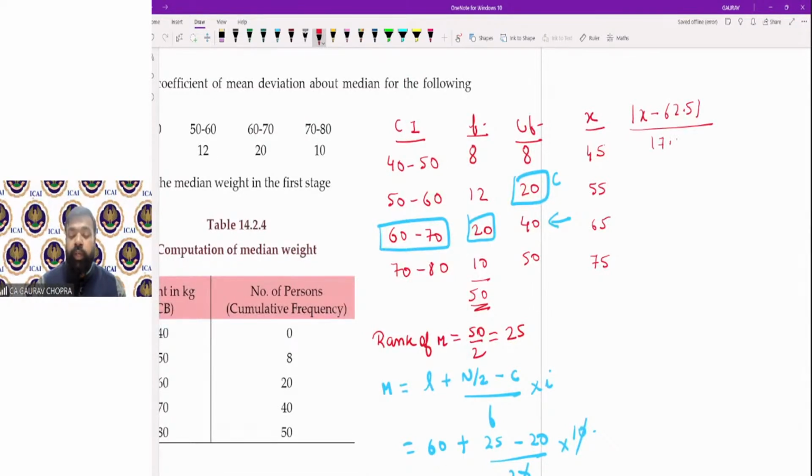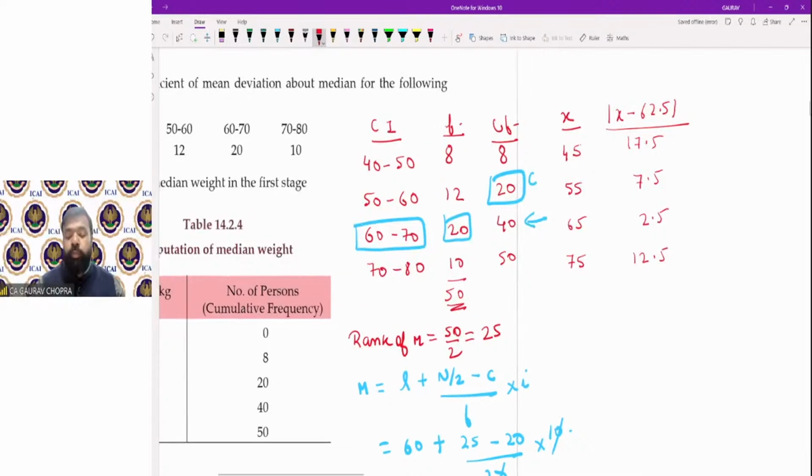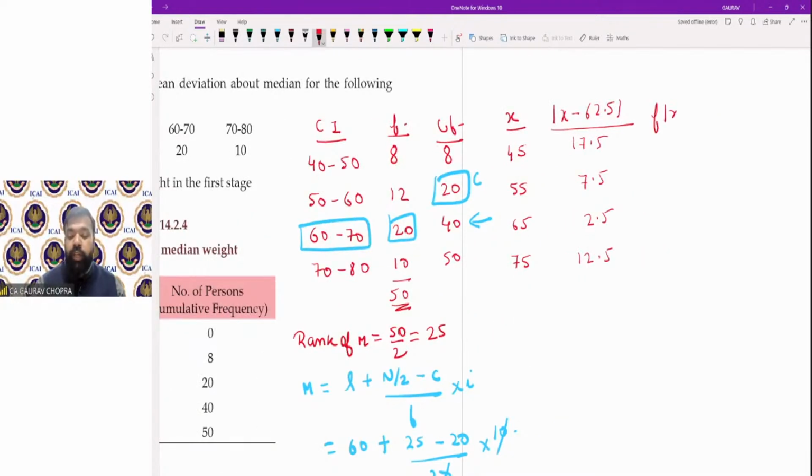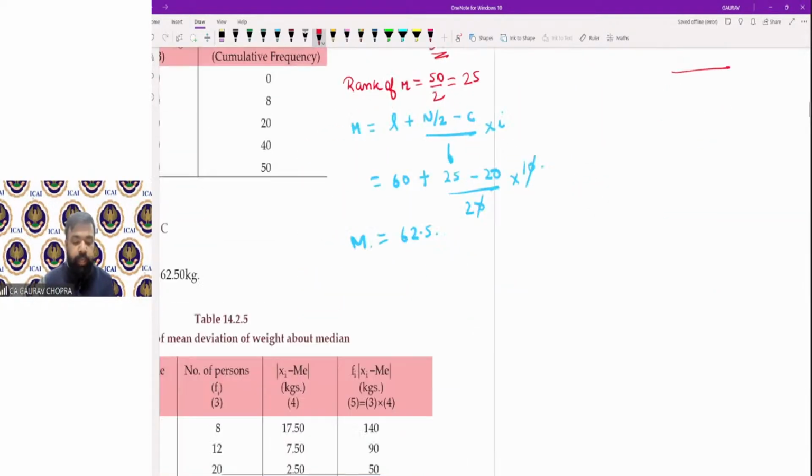So 17.5, 7.5, 2.5, and then 12.5. The next step is f into mod x minus m. So you have to multiply these two, then calculate the total, and at last divide by sigma f. Okay, let's quickly do it once and give the answers.